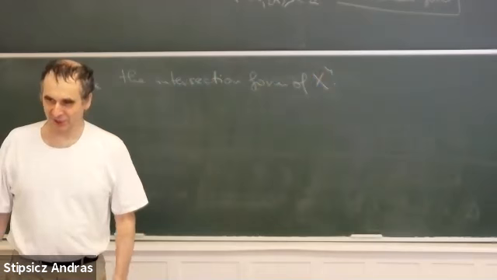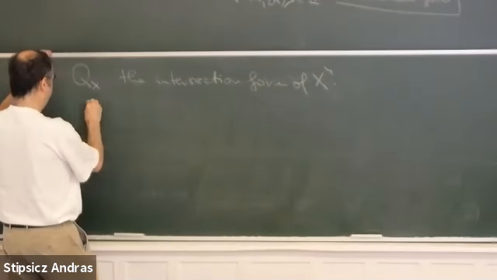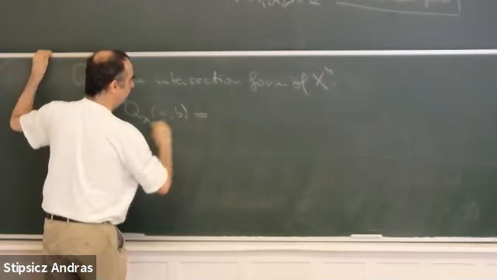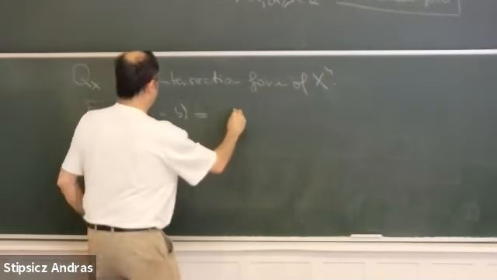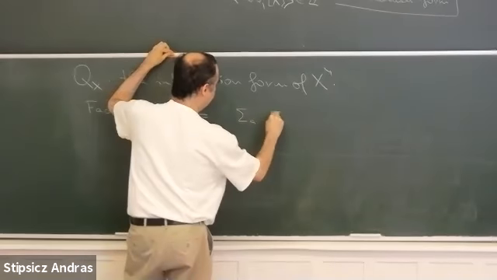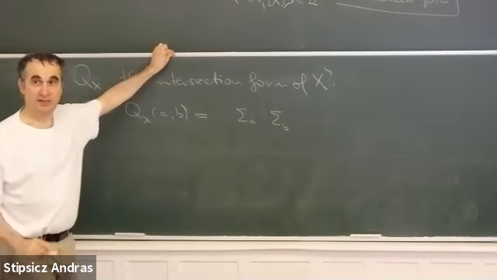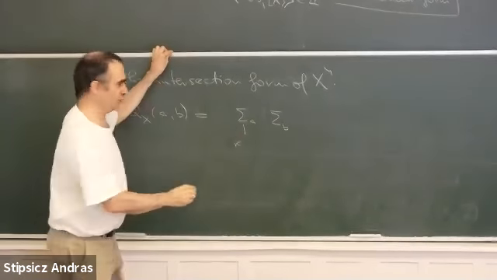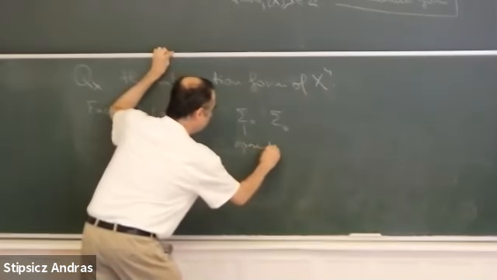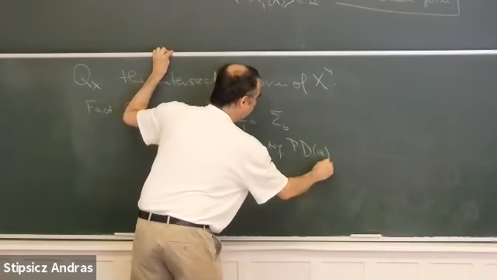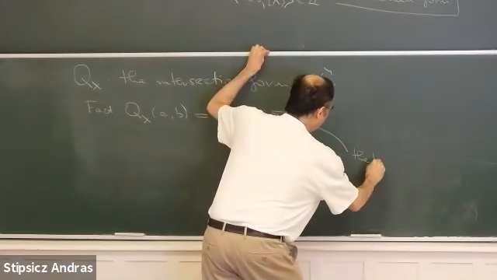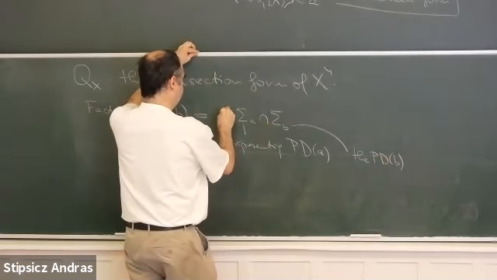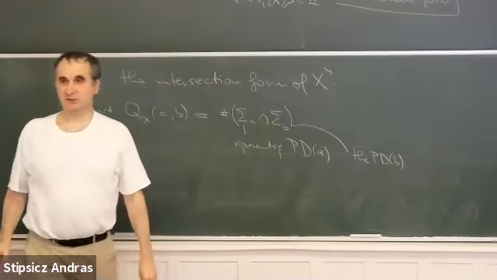Okay, why is it called an intersection form? It is a fact that Q_X(A, B) can be determined by taking sigma A and sigma B, which are two-dimensional surfaces representing homology classes, the Poincaré dual of A and the Poincaré dual of B, and we take the intersection and count the number of intersections with signs.